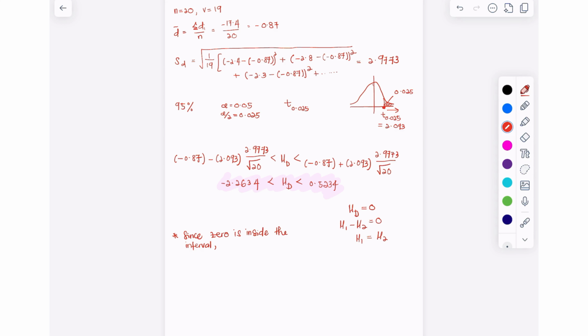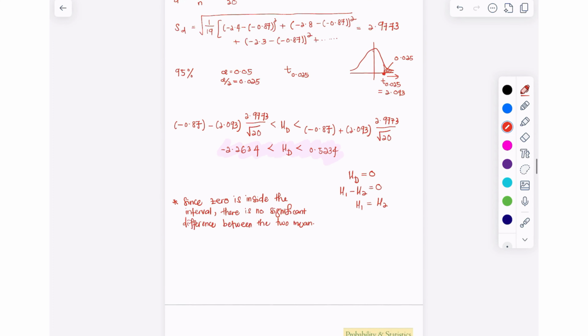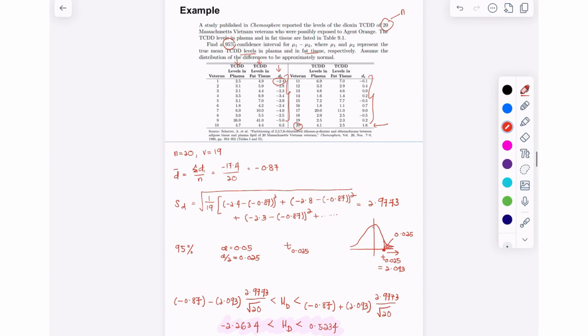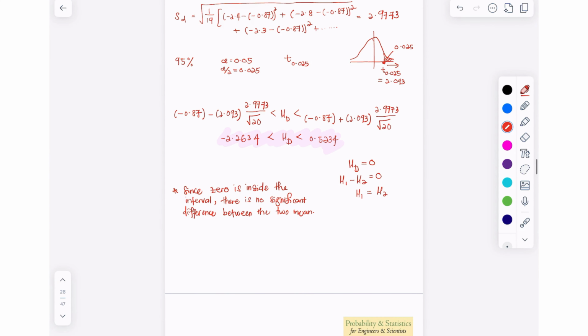So there is no significant difference between the two means. This is the conclusion that you can make from the confidence interval. Alright, so this is for the part on observation, when we want to estimate the mean from two samples.